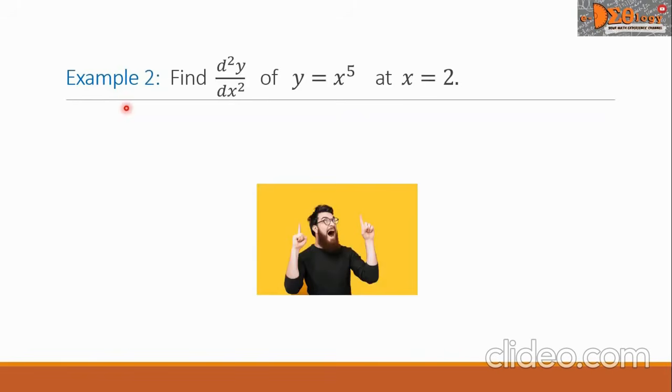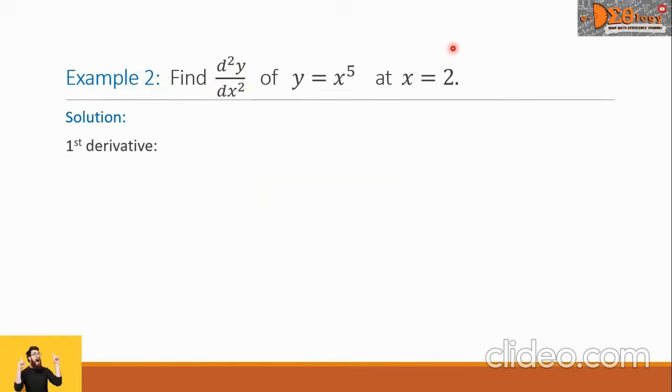Let us see example 2. Find d squared y over dx squared. So this is about the second derivative of the function y equals x raised to 5 at the point x equals 2. Let's begin with finding the first derivative. So we have dy over dx equals the power 5 comes down here as coefficient.